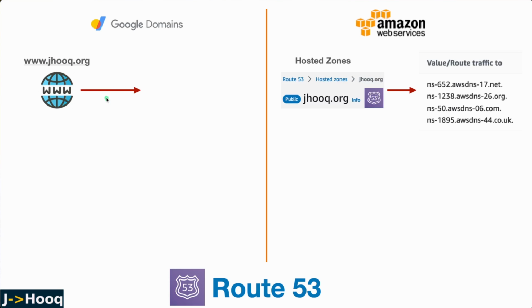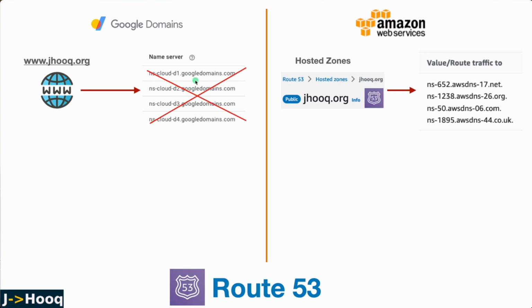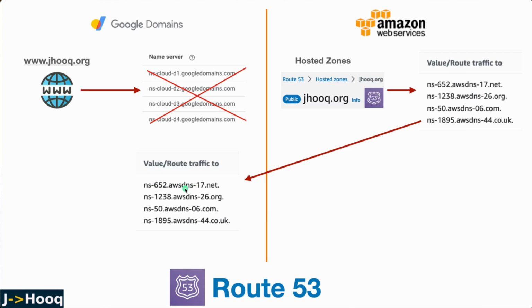But I already bought this domain, jhook.org, from Google Domains, so Google also issues some DNS name server records. But since we are working on AWS, we don't need to use those name server records. Instead we need to use the name server records from AWS and put them into my Google domain, so that when someone enters jhook.org, or jenkins.jhook.org, any subdomain which belongs to this parent domain will always point to these name server records.